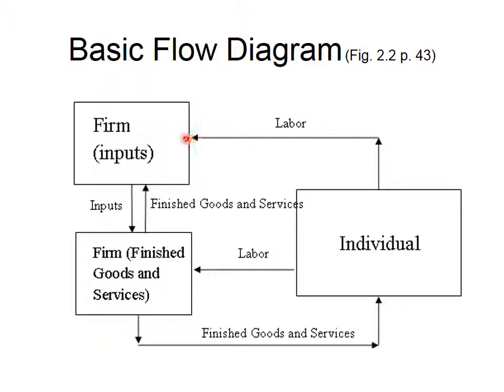They produce labor for the firm that produces inputs, such as the coal mine, and they produce labor for the firm that produces finished goods and services, such as steel, such as an automobile. Now, this firm produces inputs that are processed by this firm. This firm then sells its output to individuals. You'll notice that the input firm doesn't sell to the individual.